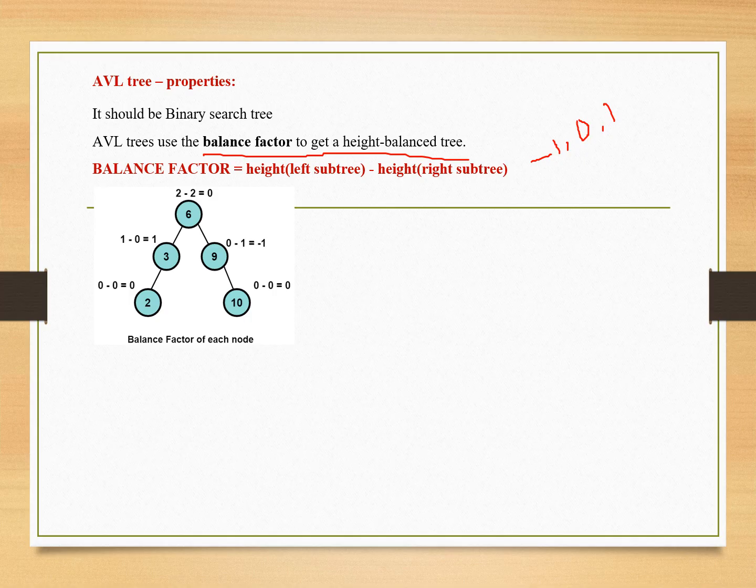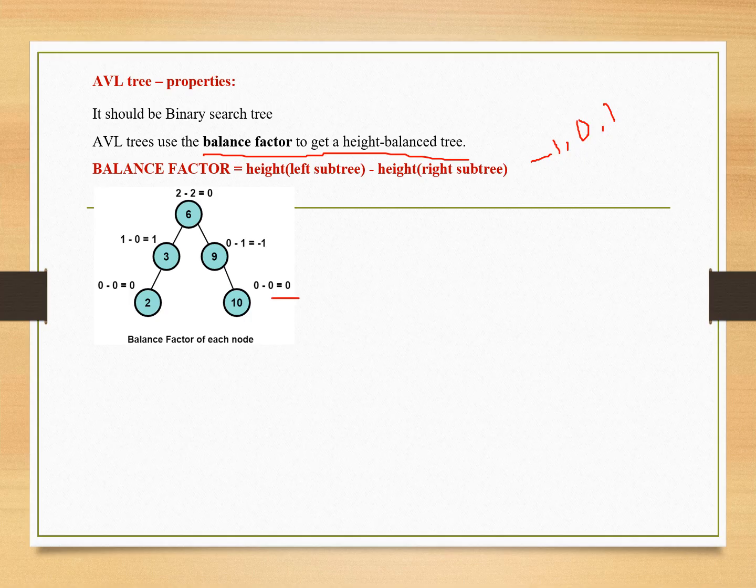Okay, so here is an example. Let us start from the leaf node 2. 2 doesn't have any left or right, so 0 minus 0 is 0. 10 doesn't have left or right, so height of left is 0, height of right is 0, so 0 minus 0 is 0.